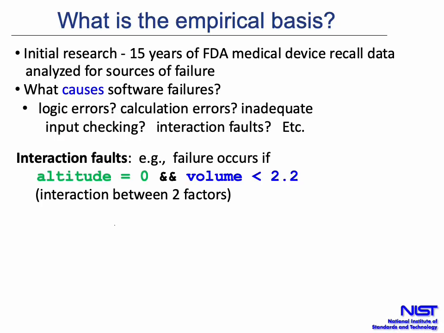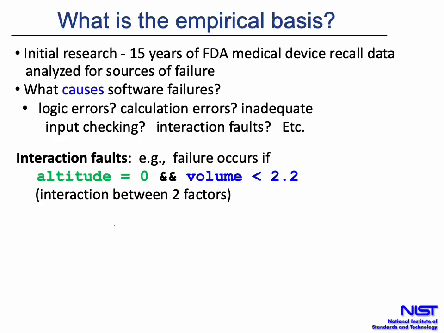But one of the things that we looked at were interaction faults. Now, by interaction faults, we mean something like this, which you see in the center of the screen. In this case, a failure occurs when a particular value is true for the altitude, in this case 0, and volume less than some number.